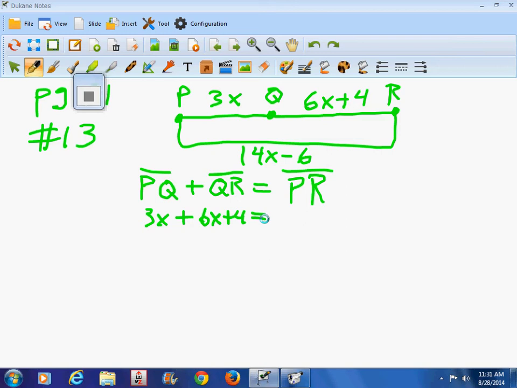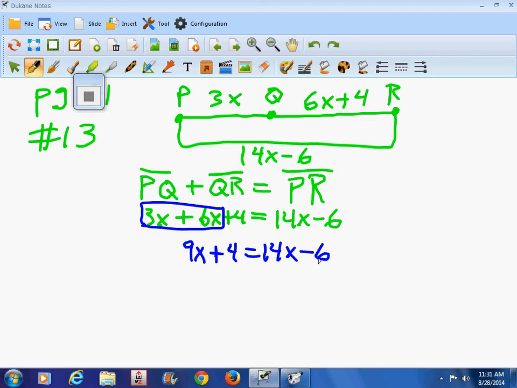Look at what PR equals. 14x minus 6. Thank you for helping out. So now I have like terms on the same side. Okay? Now, who said that? Thank you, Jim. 9x plus 4 is equal to 14x minus 6.